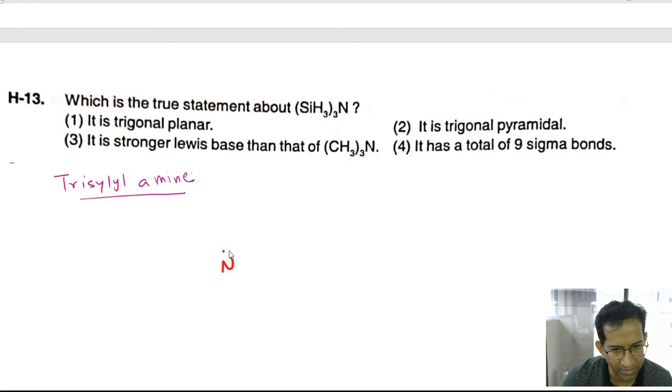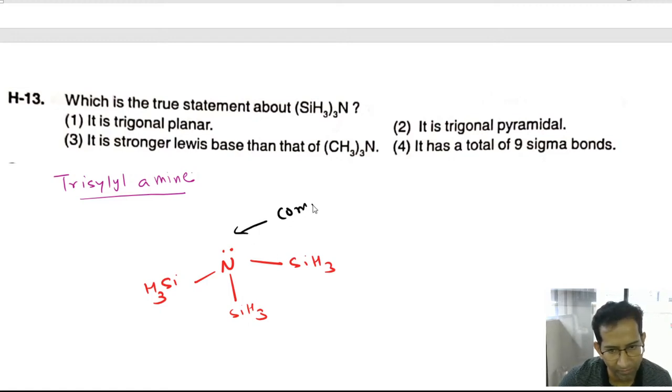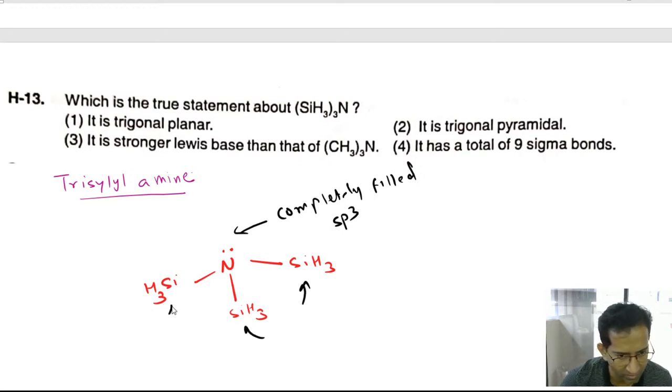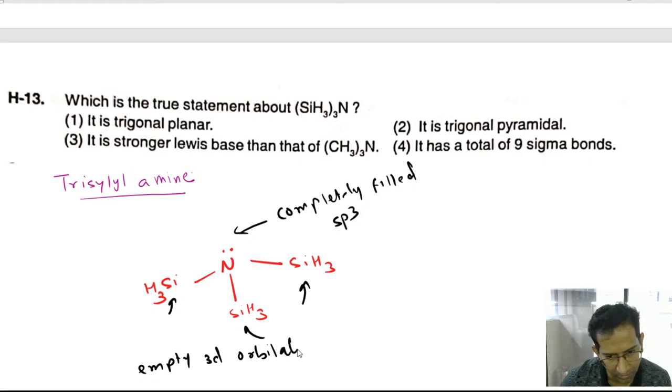Nitrogen is there, or sorry, it has a completely filled sp3 hybrid orbital. This is SiH3. So the central atom has completely filled orbital, and silicon has empty d orbitals.